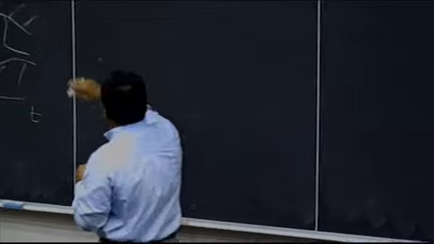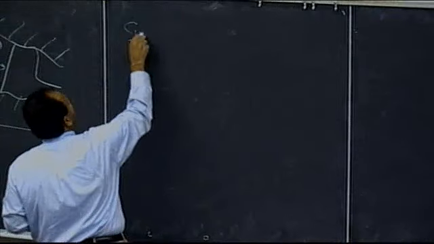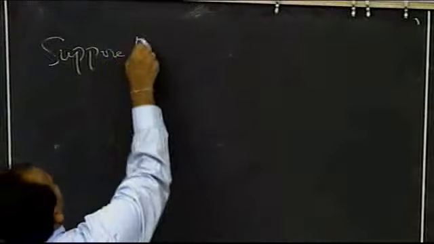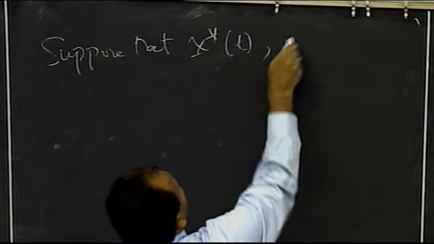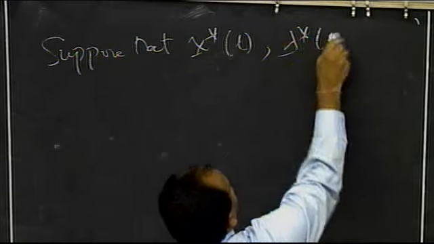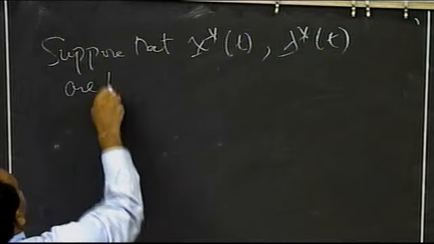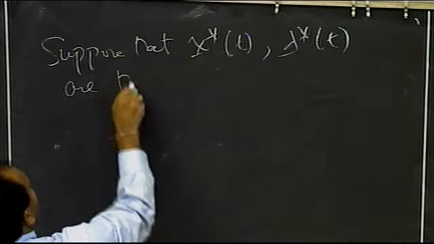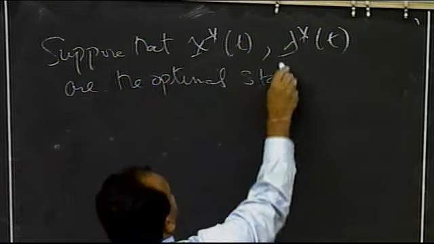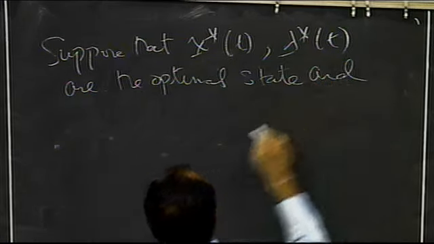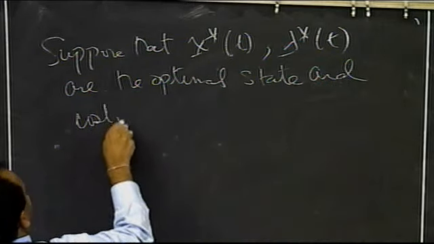So the general thing is this: suppose that x star of t and lambda star of t are the optimal state and costate, respectively.